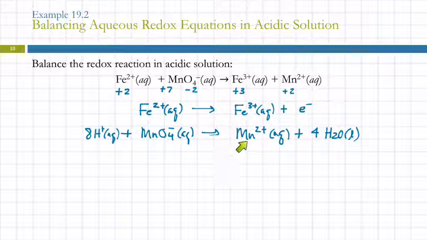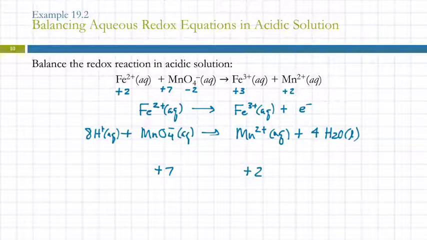Down here on the right, I have a +2 charge, and what's the overall charge on the left side? +7. So I have 8 hydrogen ions. That's a total of +8, and I have a -1 here. So that's +7. So I've got +7 over here, and I've got +2 over there.